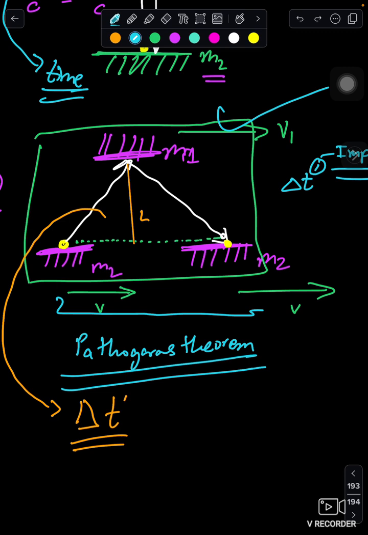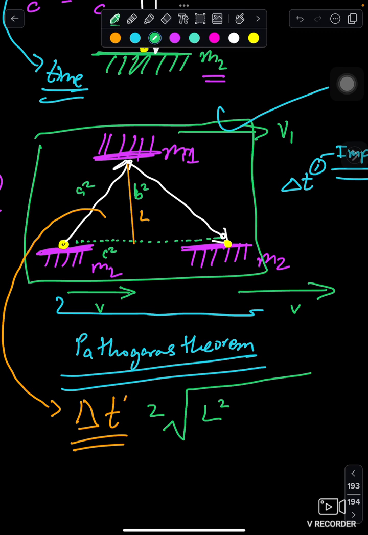It focuses on right angle triangle. So we have again 2, L square, because we know that this is B square, this is C square, this is A square.